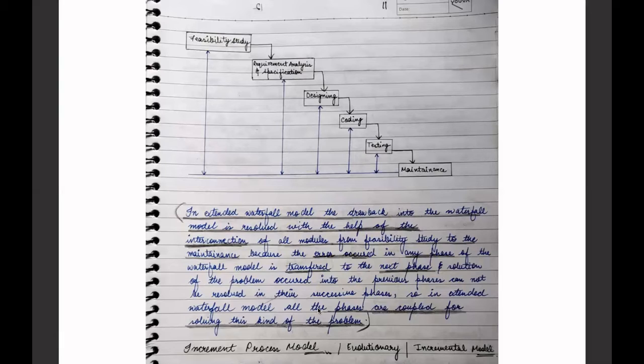The SDLC model, iterative and incremental development, has some specifications in the software industry. This model is most often used in the following scenarios: requirements of the complete system are clearly defined and understood.